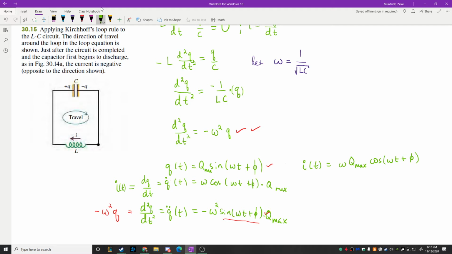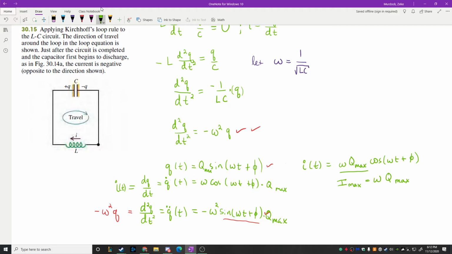This tells us that this quantity right here has to be equal to the maximum current in the circuit, because the cosine function varies from -1 to +1. So the maximum value that the cosine function can be is 1. Then omega times Q max has to be the maximum current in the circuit.